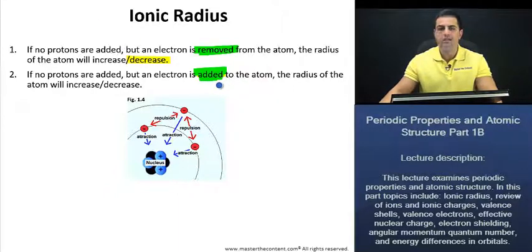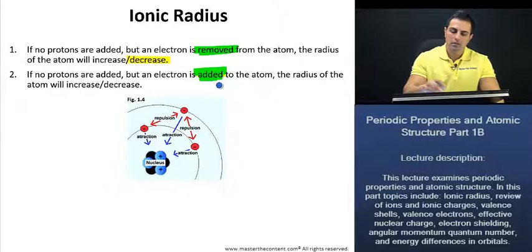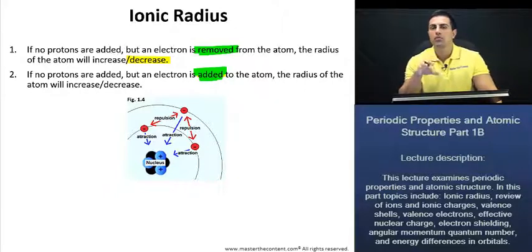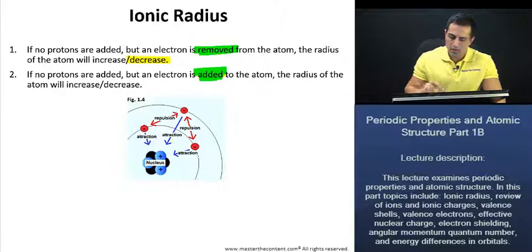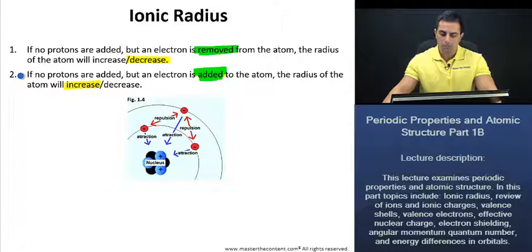If we add an electron to the atom, it's going to push those electrons farther from the nucleus. Thus, that's going to increase the atomic radius. So if no protons are added but an electron is added to the atom, the radius of the atom will increase.